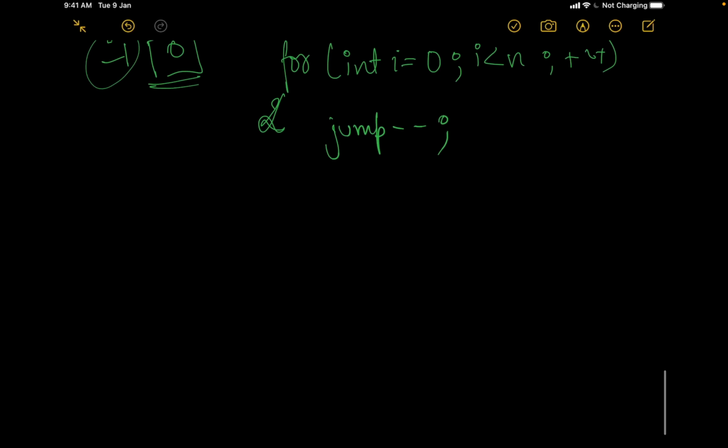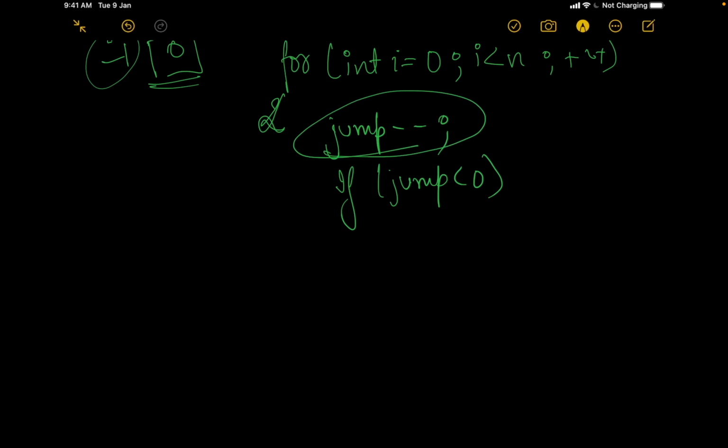Now I can check if my jump is less than 0. That means I couldn't have completed the jump initially, because you can't make a jump if you are left with 0 jumps. If that is the case, I can return 0, meaning this path wasn't possible.